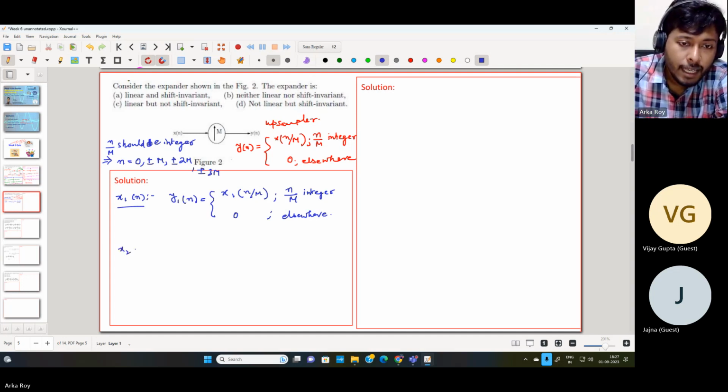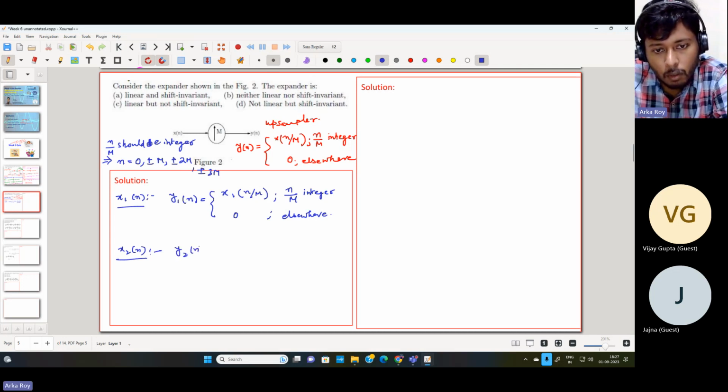Similarly, for x2 of n we get y2 of n with x2 of n upon m, where n by m should be an integer and 0 elsewhere.